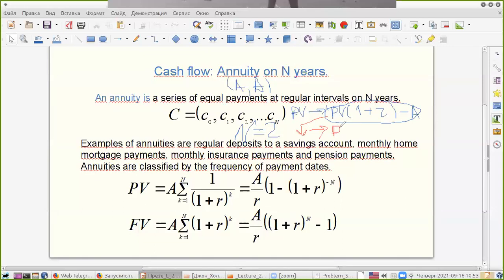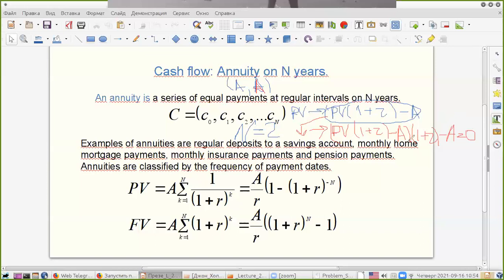So it will be the present value multiplied by 1 plus r, minus A. All this we multiply by 1 plus r, and we need to subtract this A. It is the first A, it is the second A, and according to our rule, the result will be 0.